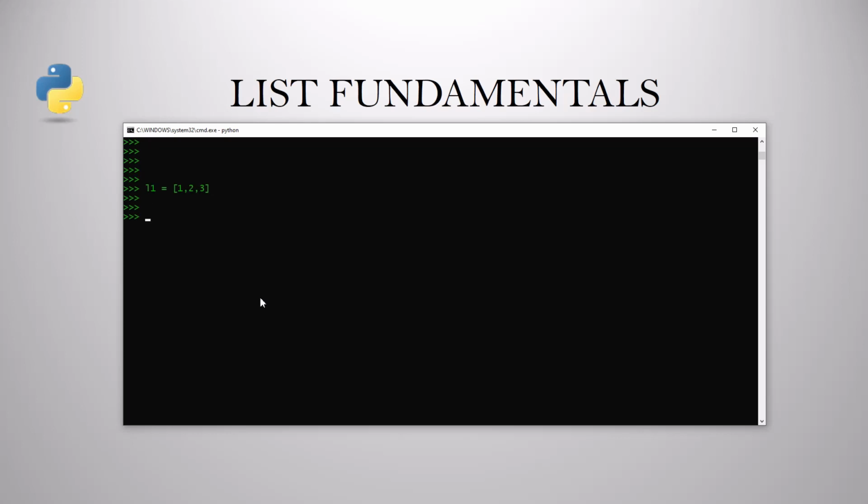If we do an index assignment, for example assigning 4 at index 0, and we print L1, we will get 4, 2 and 3. If we do a slice assignment, L1[0:2] equal to 7 and 8, and we print L1, we will get 7, 8 and 3.